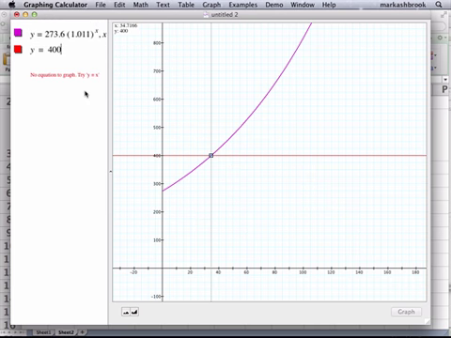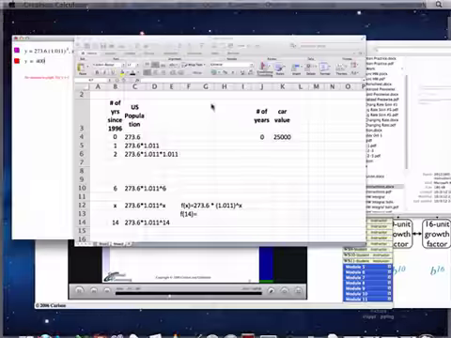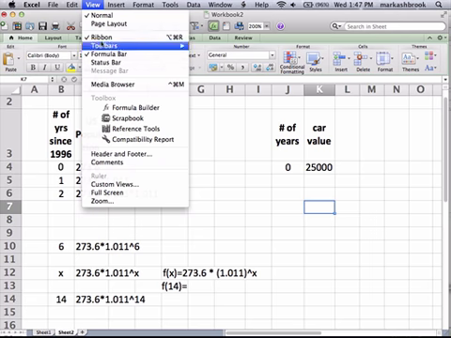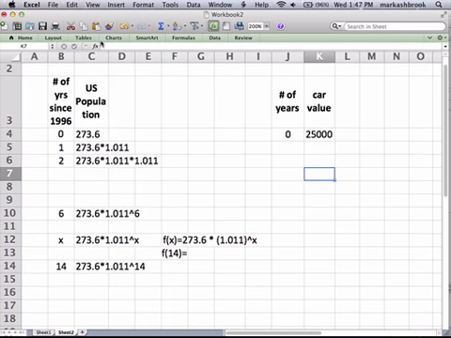So let's look at number 14, which is our first in-class example. You read about decay, but here's our first one. It says that in this decay problem, the initial value of the car is 25,000, and then it depreciates by 14.5% each year.